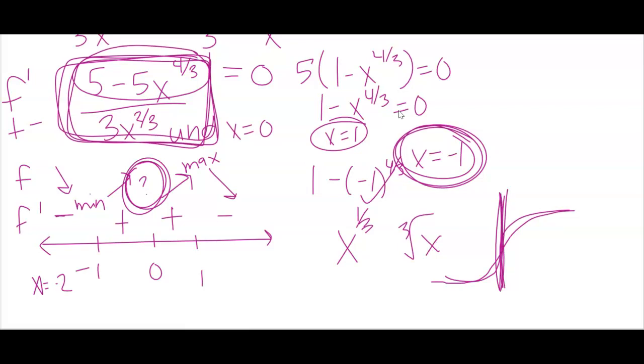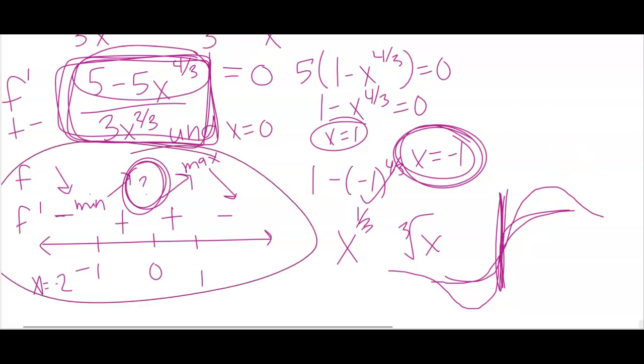So I'm thinking my graph dips down to have a minimum, still has that vertical tangent line here at 0, stays increasing with a maximum, and then comes back down. That's my best guess based on only knowing things about parent functions and translating it to what this might look like.